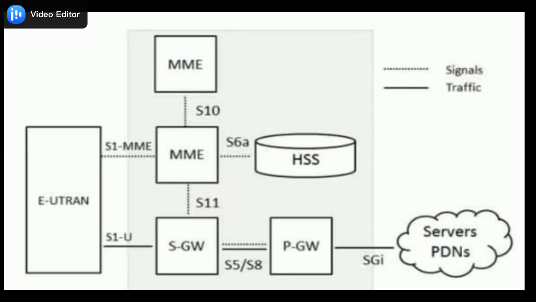The PCRF, the policy control and charging rules function, is a component which isn't shown in this picture, but it's responsible for policy control decision making, as well as controlling the flow-based charging functionalities in the policy control enforcement function, which resides in the packet gateway.